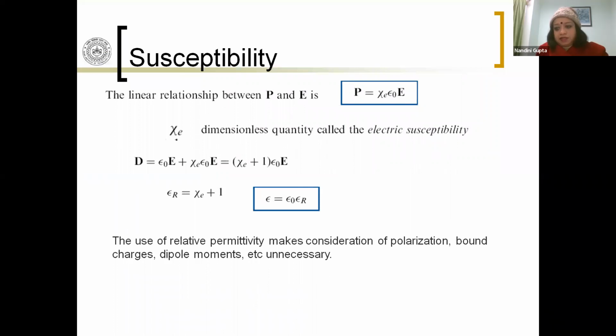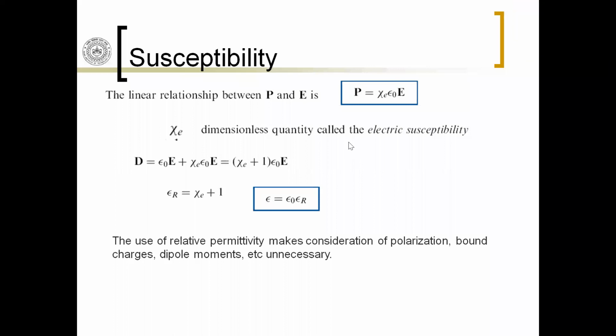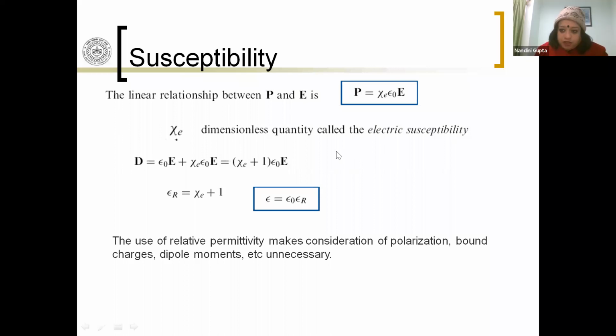Can you see the slides? Okay. Yeah. So we had talked about susceptibility. We had also discussed that susceptibility is related to the relative permittivity.